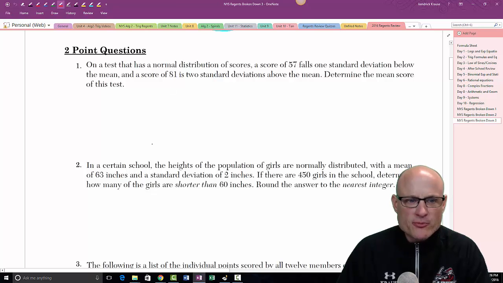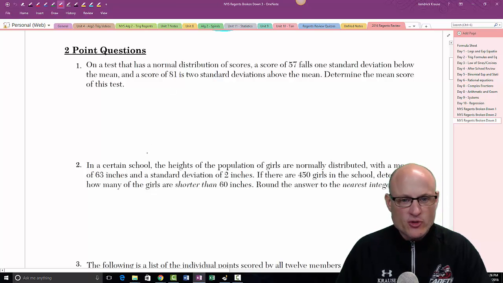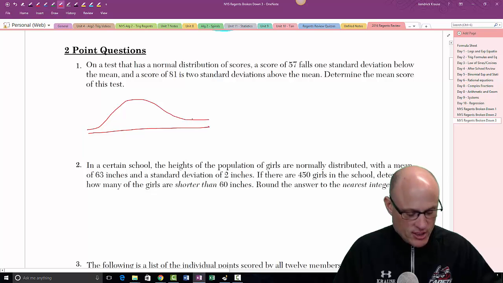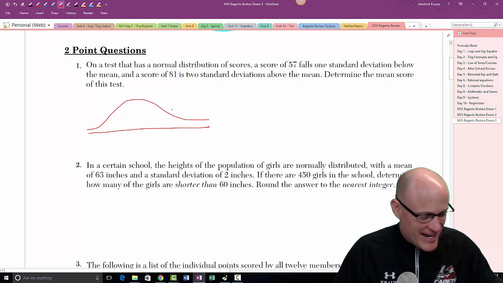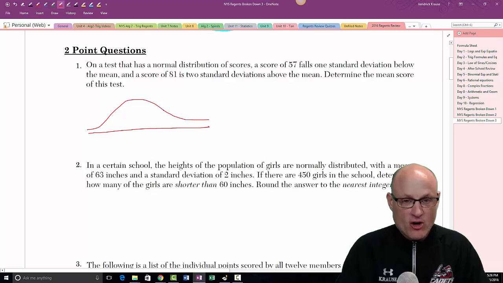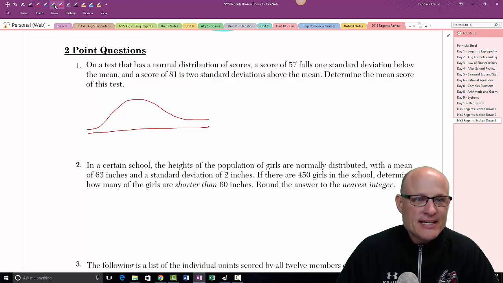A normal distribution of scores. So we're going to draw in the normal distribution curve. You really can only draw this in if they tell you you have a normal distribution. Not all distributions are normal. In fact, many are not. It says that the mean score falls 1 standard deviation above 57.